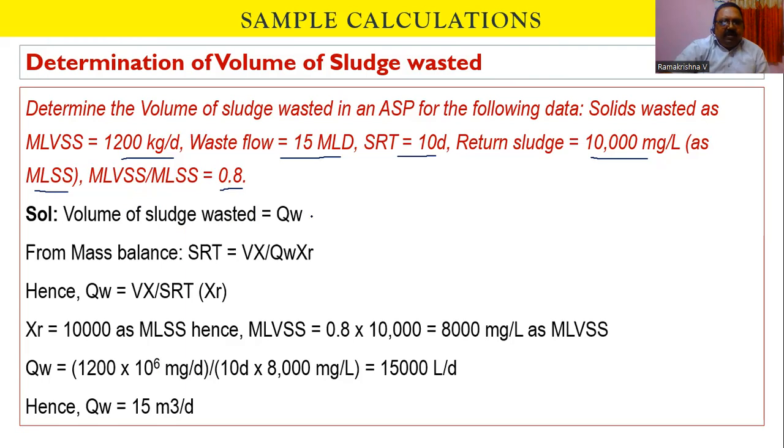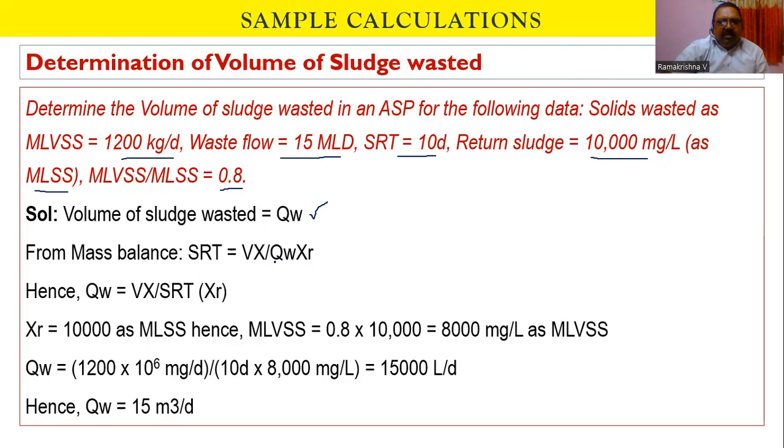Volume of sludge wasted we represent in terms of Qw. And the approximate equation for SRT is equal to Px by Qw Xr. There are some other terms, that is, we have to consider the wasting of the solids from the effluent line, so we are neglecting that part.